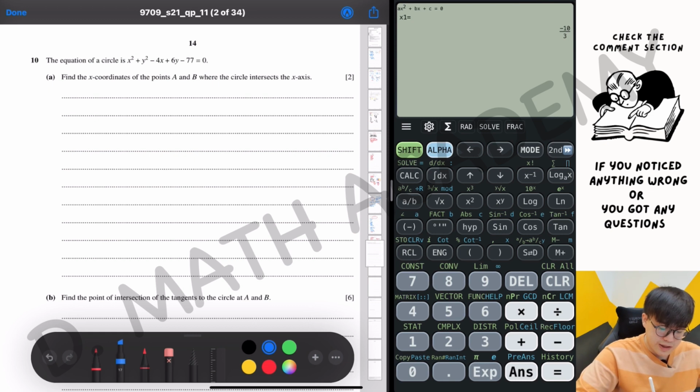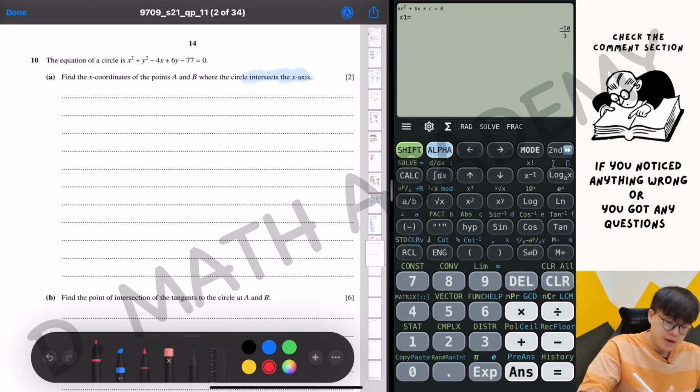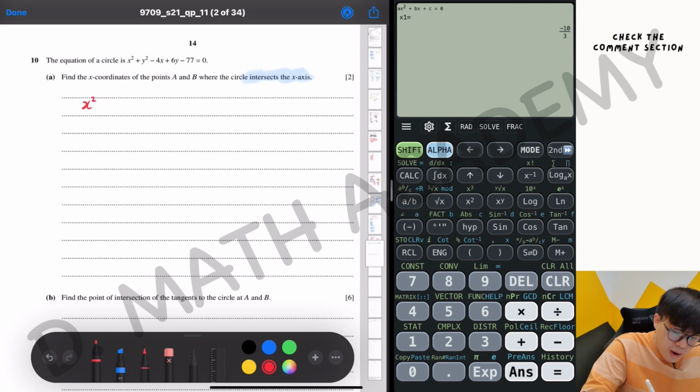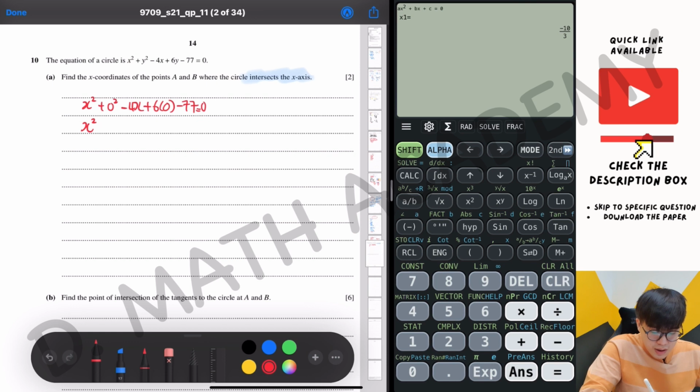So the key word here is actually intersect at the x-axis. When they intersect at the x-axis, your y will automatically become 0. So when your y is 0, you have 0 squared minus 4x plus 6 times 0 minus 77 equals to 0. We adjusted everything and you will have this as your final results.